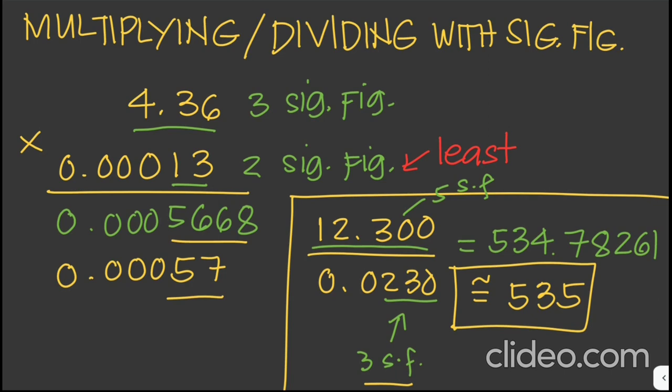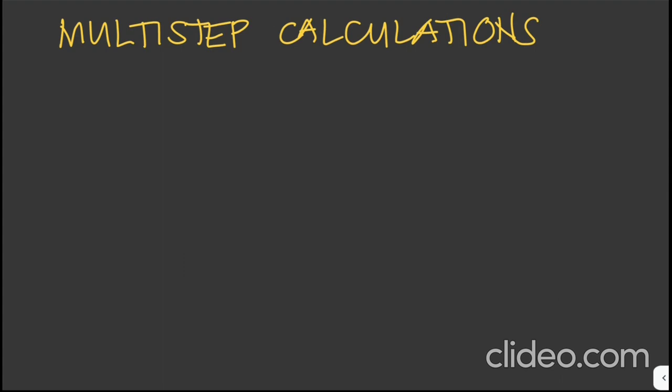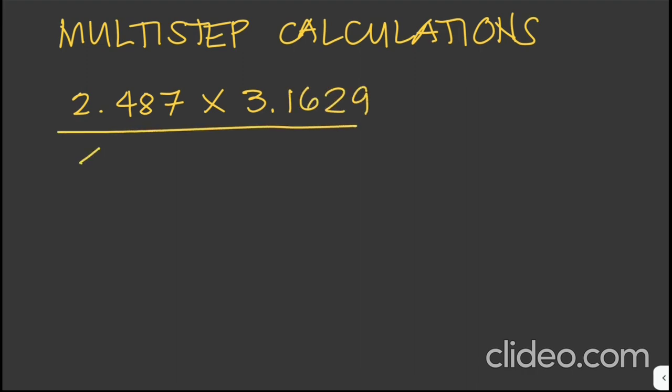All right. What if we calculate numbers that involve both multiplication, division, and addition, subtraction? So let's say, for example, we have 2.487 times 3.1629 divided by 4.1926 minus 2.07.